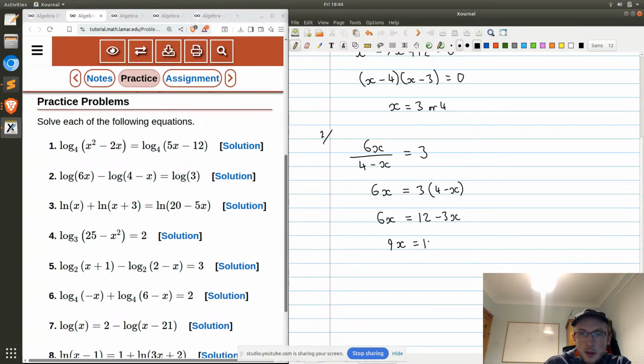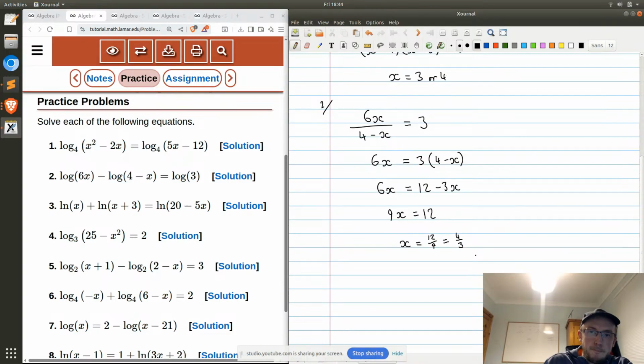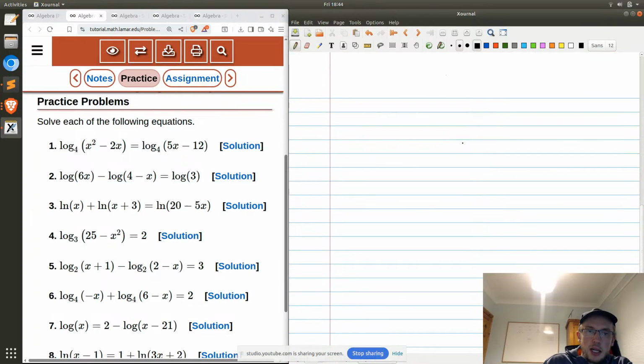Nine x is equal to 12. So x equals 12 over 9 or 4 over 3. And I'll check upon solving the third one.